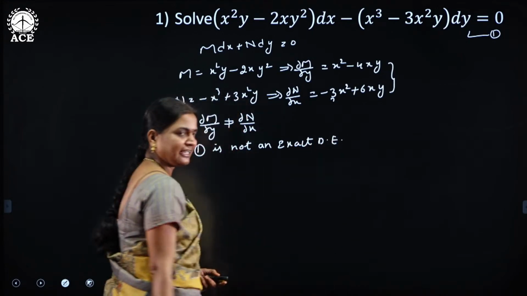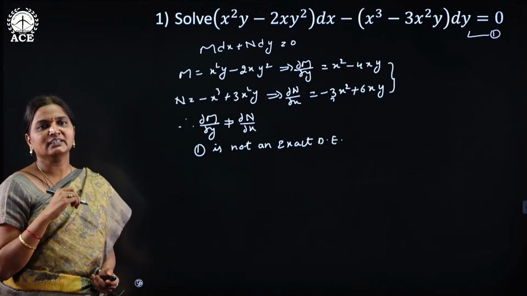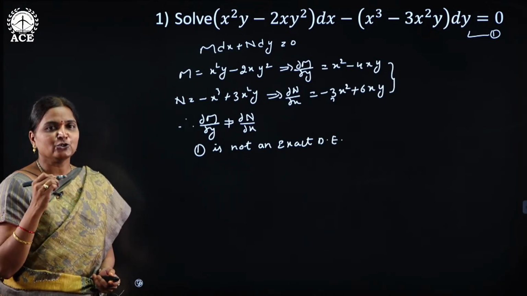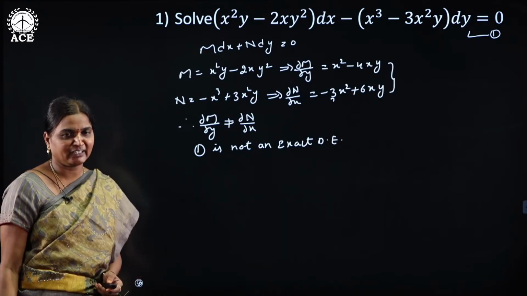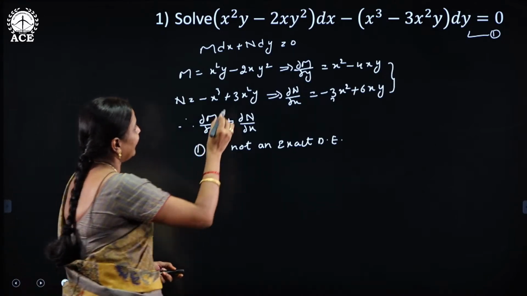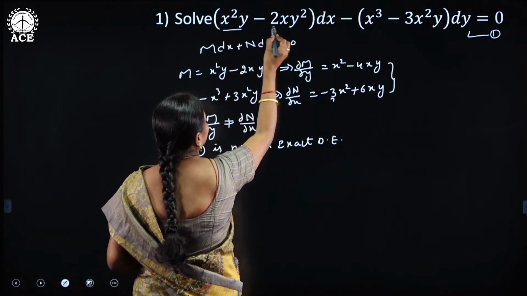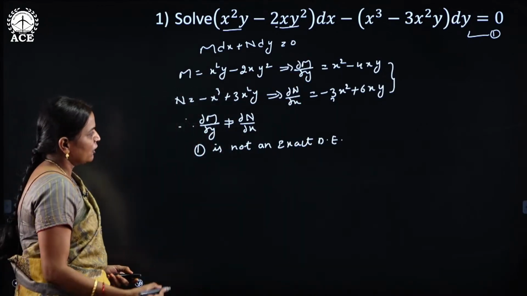And how to change this non-exact differential equation into exact? Using the integrating factor. To find the integrating factor, first identify the nature of the given differential equation. It is not an exact differential equation, and the degree of each term is the same. Therefore, this differential equation is homogeneous.